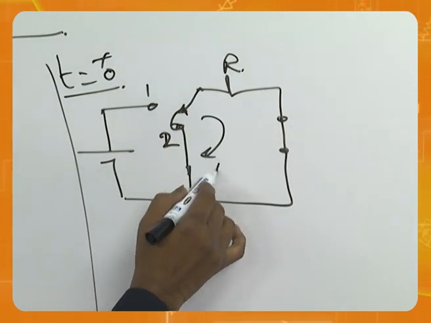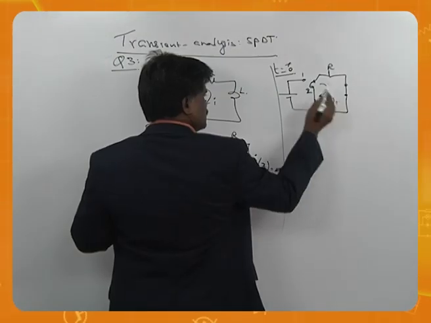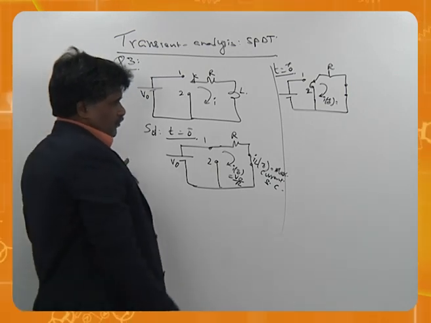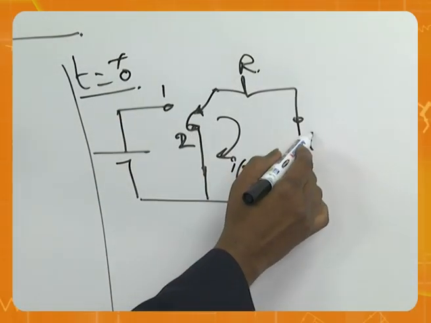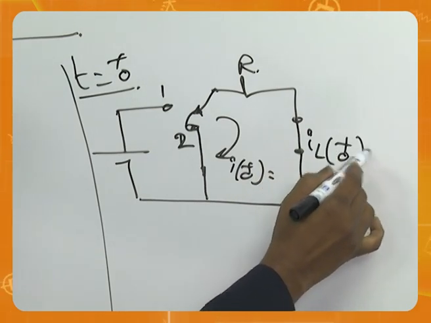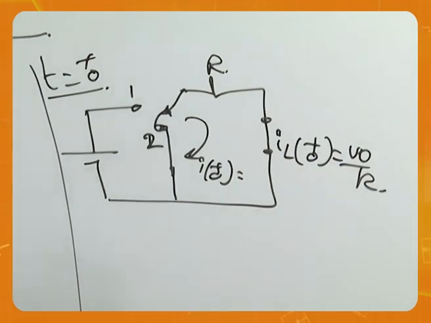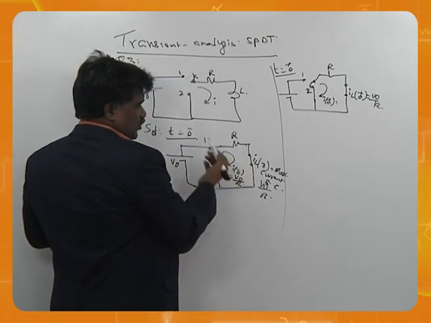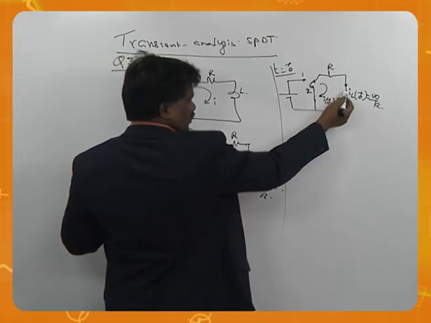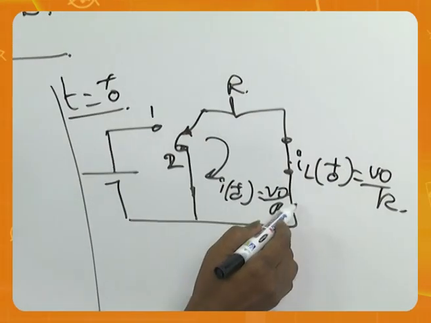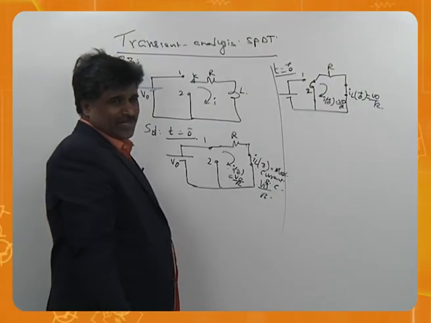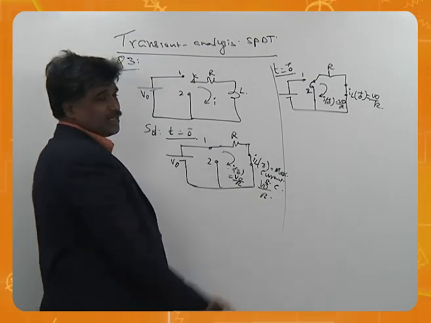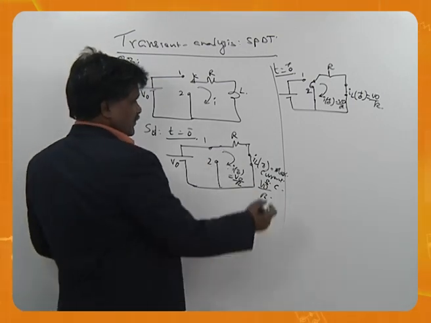This is R. i(0+) is nothing but the same, V0 by R. Whatever the current is here, that is the loop current. Here also, whatever the current, that is the loop current. What a nice idea to see. Though the switch position is changing, the value of current is not changing.